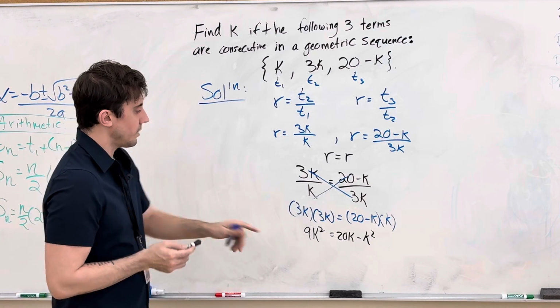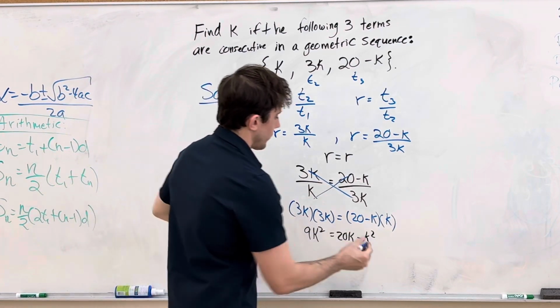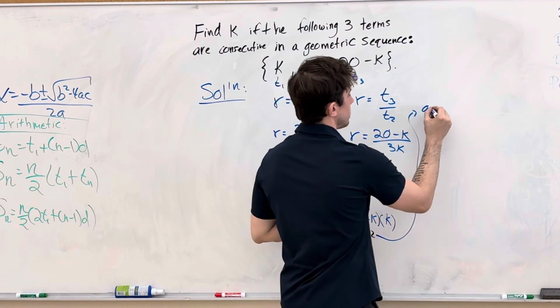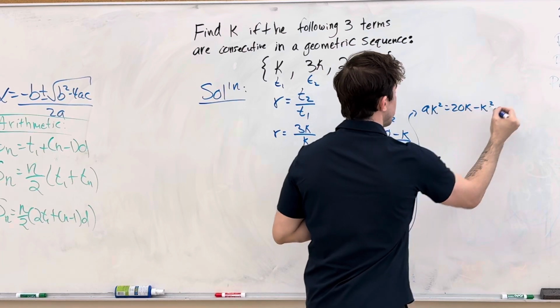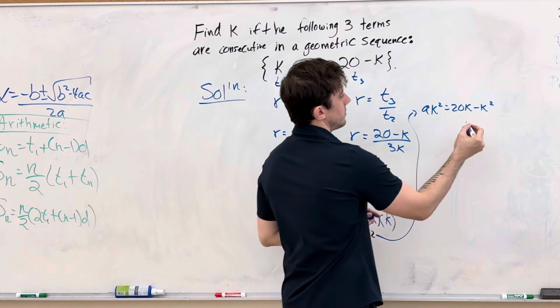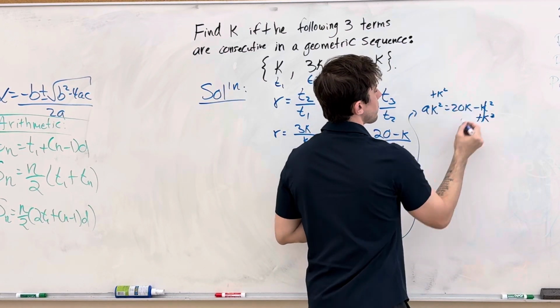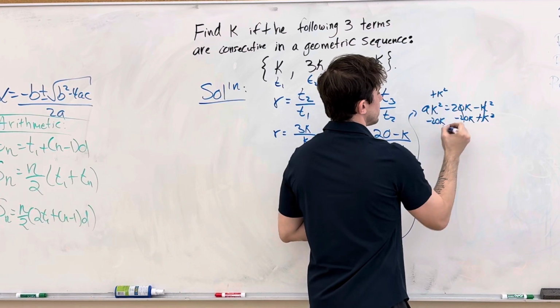And so now we have something like a quadratic to solve. Let's bring it up here so we have it confirmed. So we have 9k squared is equal to 20k minus k squared, right? So let's get everything on one side. Let's add a k squared to both sides and subtract 20k from both sides as well.